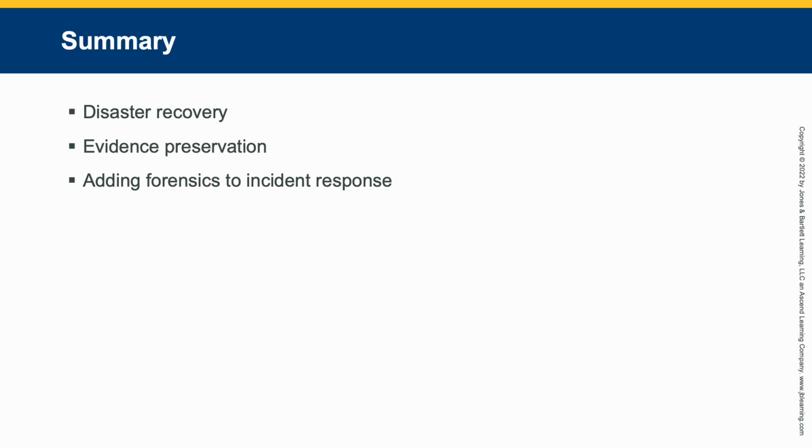This involves isolating compromised systems to prevent data contamination, creating forensic images of affected storage media, and maintaining a clear chain of custody to ensure the integrity and admissibility of evidence. Training staff on evidence preservation procedures and collaborating with legal and forensic experts can enhance the company's ability to manage incidents effectively and meet regulatory requirements.